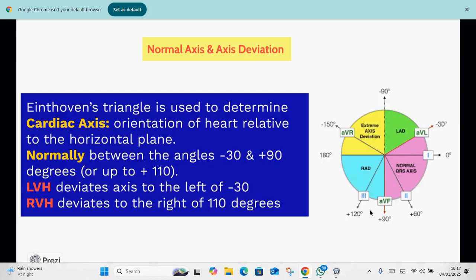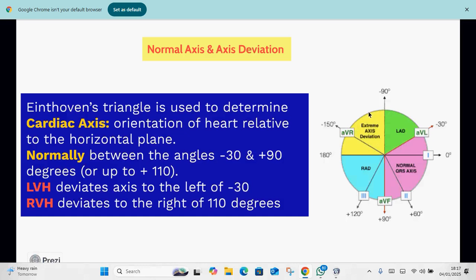If the right ventricle is enlarged or there is right ventricular hypertrophy, the heart will deviate to the right, more than 110. As we said, the normal is up to 90, but up to 110 is accepted, especially in tall people. Therefore, anything more than 110 is called right axis deviation, or RAD.